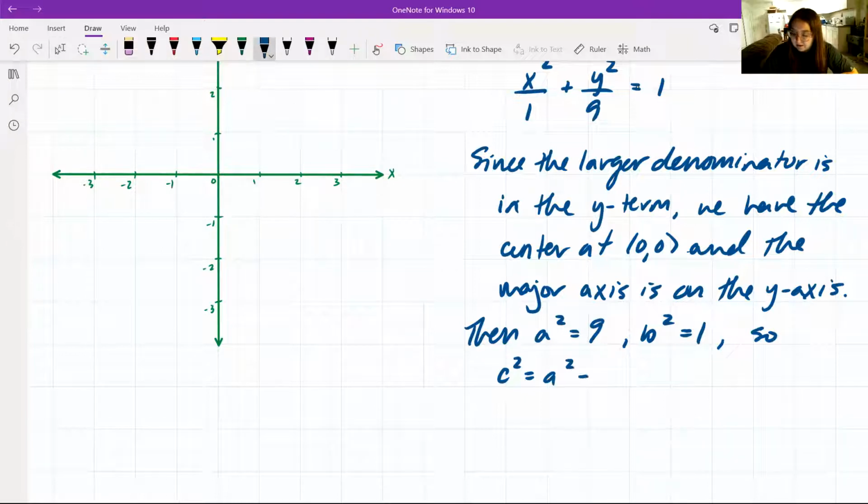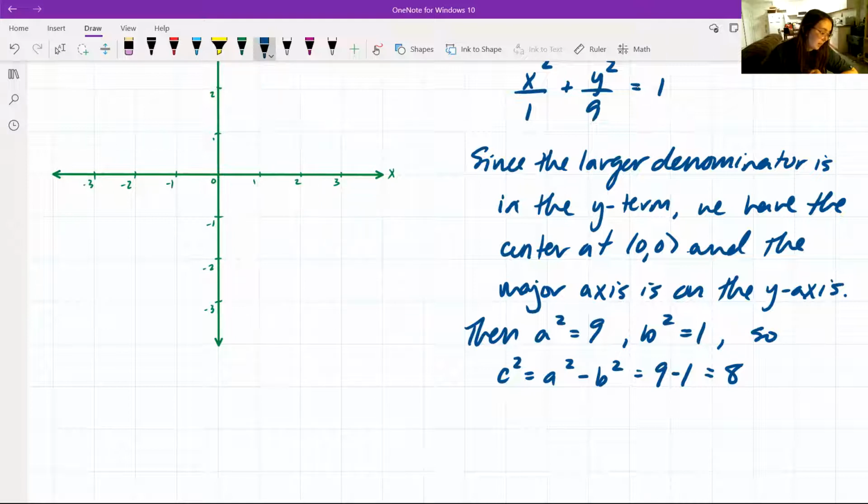So we get c squared is equal to a squared minus b squared, where this is then equal to 9 minus 1, which is equal to 8. So we've now determined what a squared, b squared, and c squared is going to be.